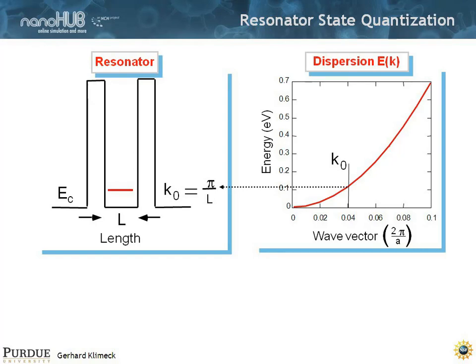All right, now your excited state should have two lobes in it, right? So it's 2K0. It should be 2 pi over L. So let's double that K in that dispersion, and we can read off that excited state.